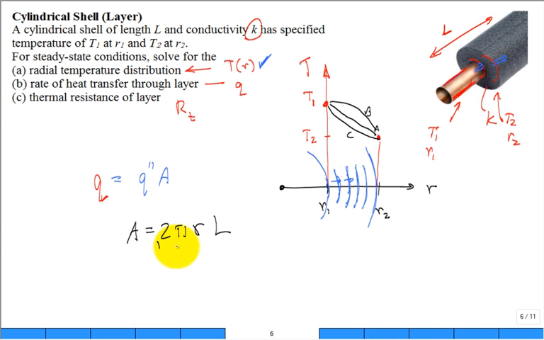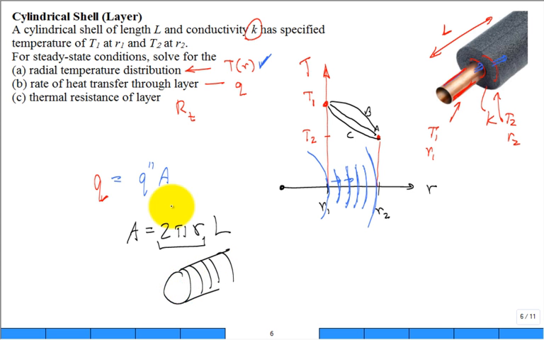What is 2 pi r? Circumference. It's the length of the arc, the circumference of that circle, going a whole 360 degrees, right? So if I take 2 pi r and then I back it up L, that gives me the area. So you see that as r increases, the area increases.